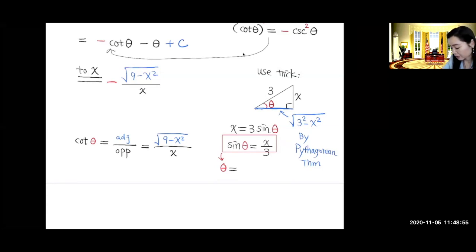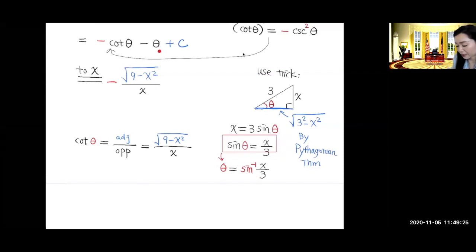Do you guys remember the inverse sine function? We did the review early in the semester. Because theta is between negative pi over 2 and pi over 2, sine theta equal to this means theta equals the inverse sine of x over 3. So that will take care of this theta over here.